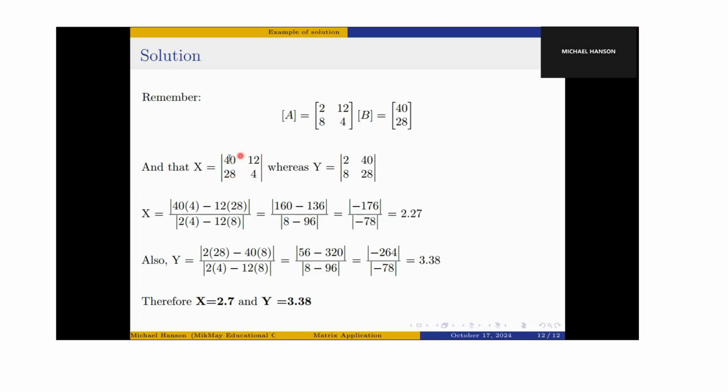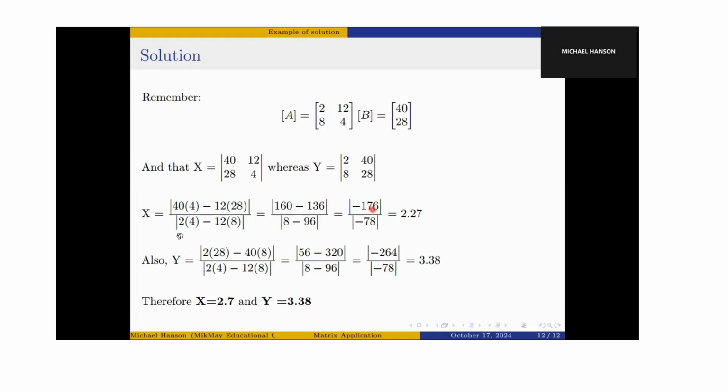So you multiply 40 by 4 minus 28 times 12. That will give the determinant for this matrix. So you could see 40 times 4, that is 160. 12 times 28 is 336. You find the subtraction, then you get negative 176.